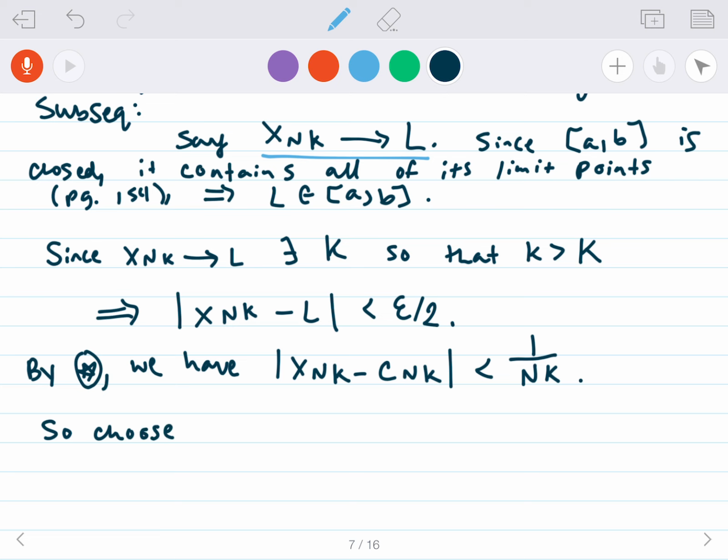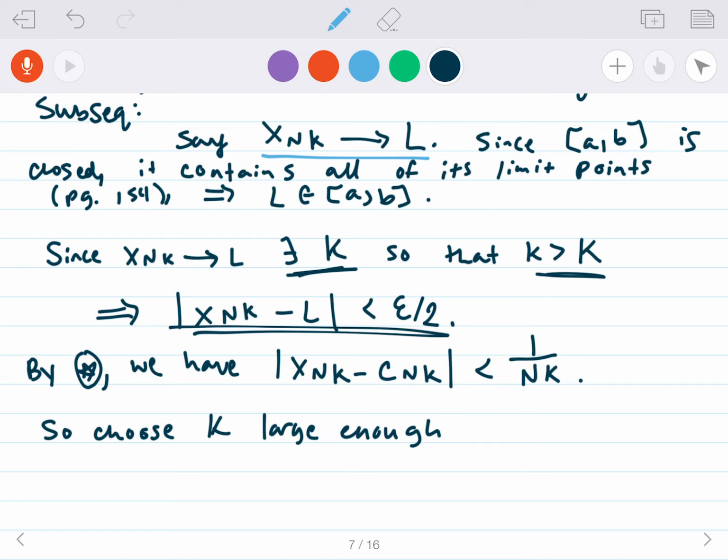Okay, so it might even have to be larger than what we said it was here, but make sure that it's large enough so that this is true, but that also 1 over nk is going to be less than epsilon over 2. And we can do this by the Archimedean principle.